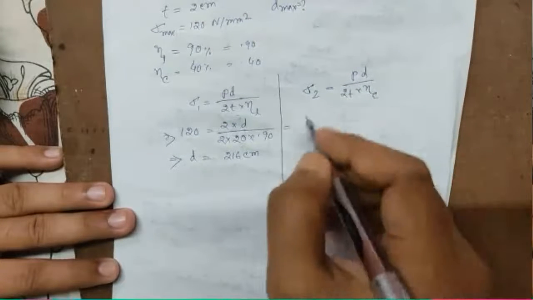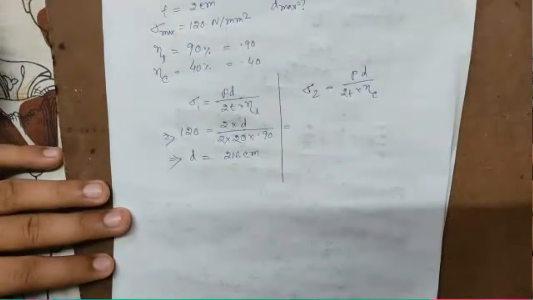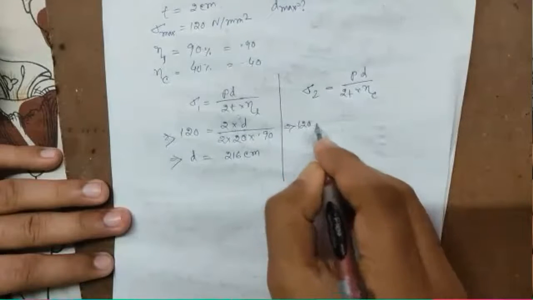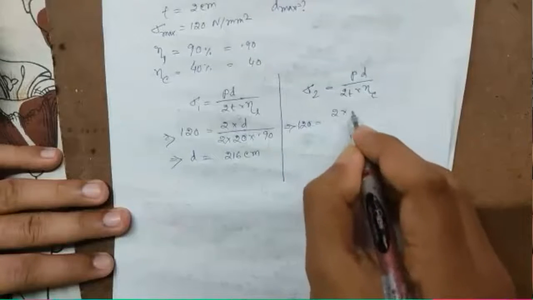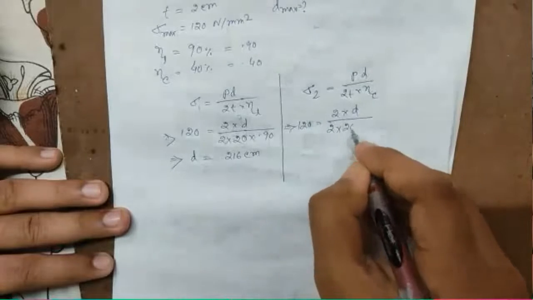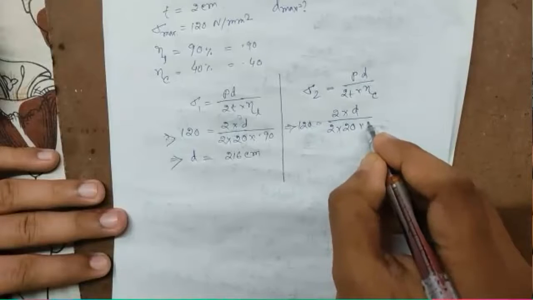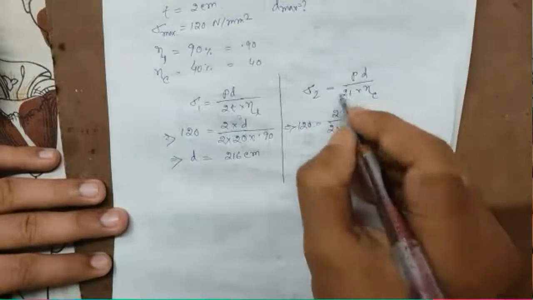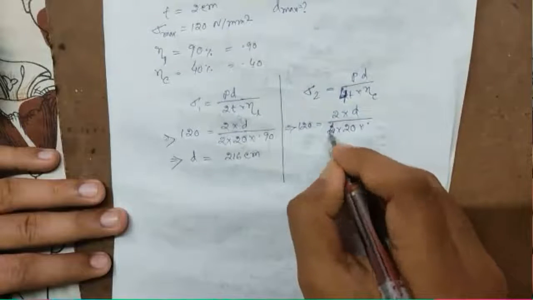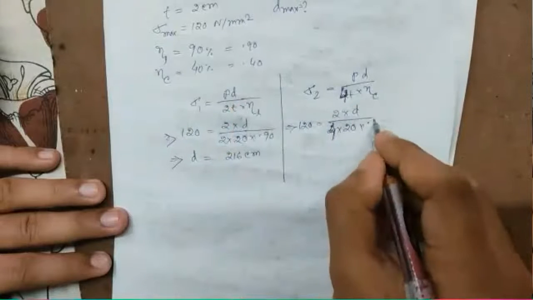So in this case, this longitudinal stress will be 120, P is 2, the thickness is 20 millimeter, and the formula is PD by 4t, this is also 4, and eta C is 0.4.